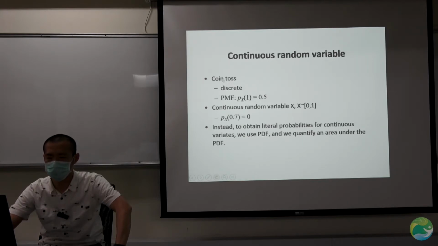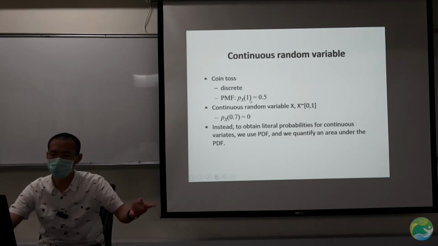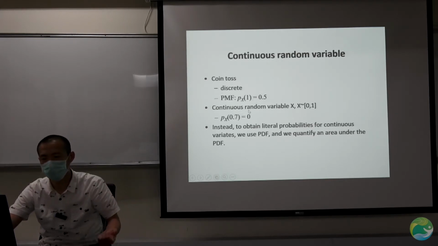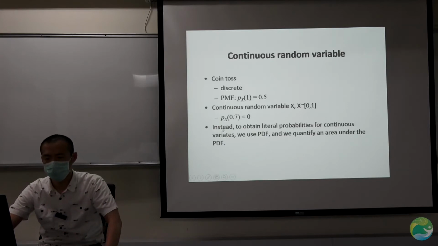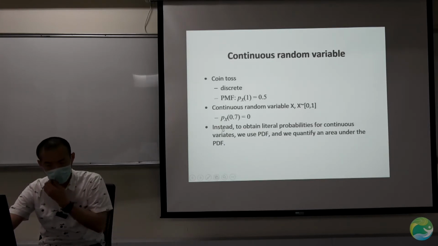A coin toss in this case is discrete because there are only 2 outcomes. But for a continuous variable, there are many outcomes within this range, right? Many continuous values. So what can we do?